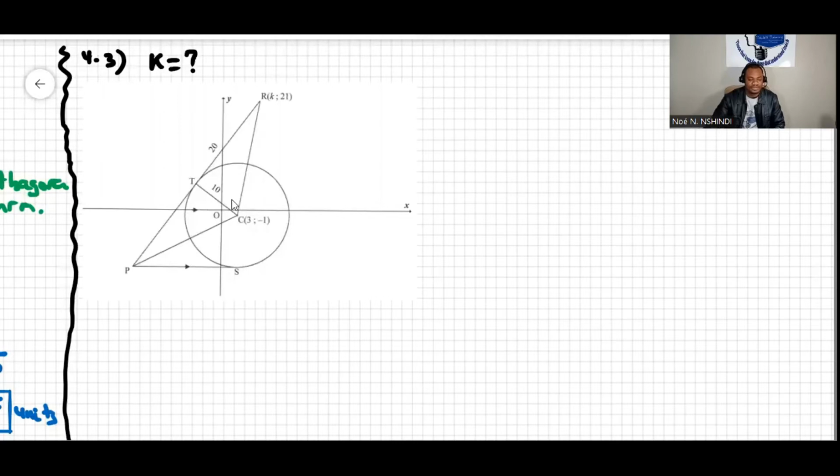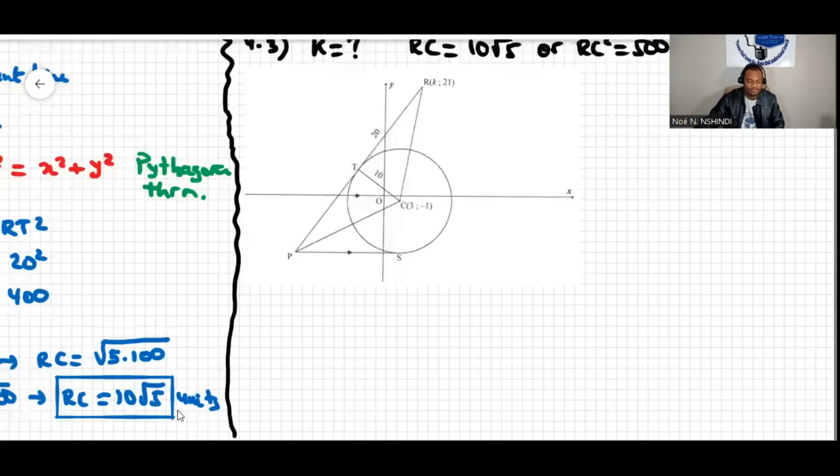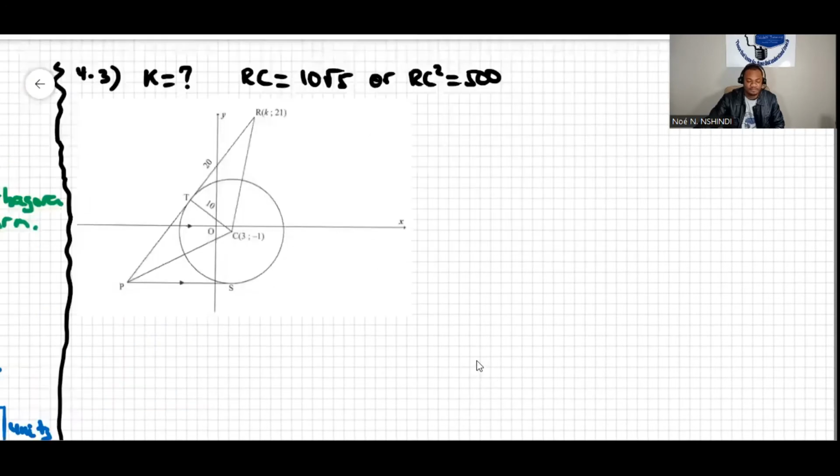So how can we do that? We know that from the previous question, we found that RC was equal to 10 root 5, or even RC squared was equal to 500. So we can use the distance formula to find k.